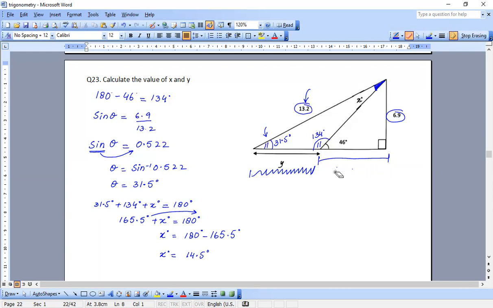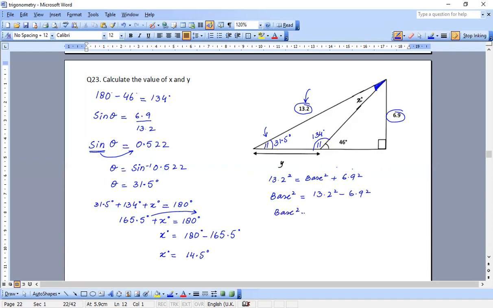We can find out the length of the whole triangle using the Pythagoras theorem, according to which hypotenuse square is equal to base square, let's call it base, plus perpendicular or opposite square, which is 6.9 square. I can have the value of base square if I subtract 6.9 square from 13.2 square.